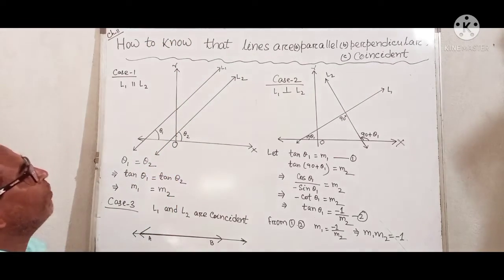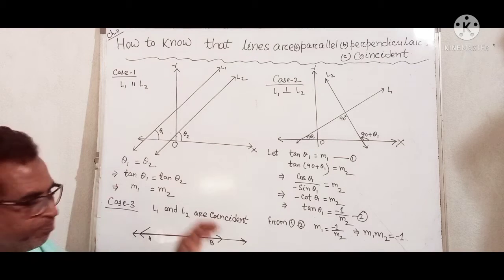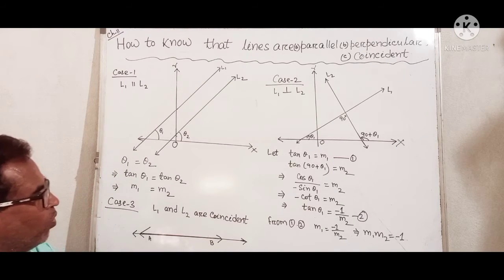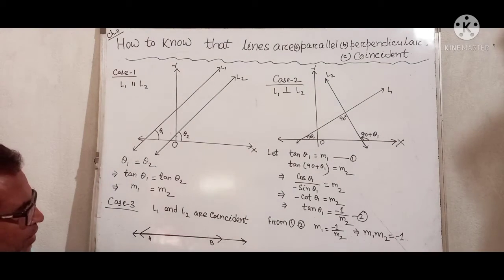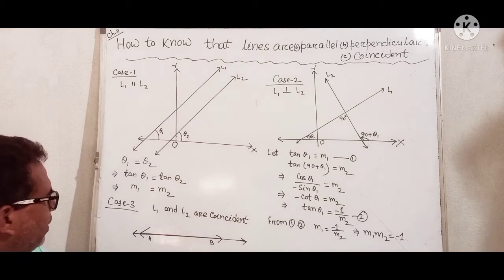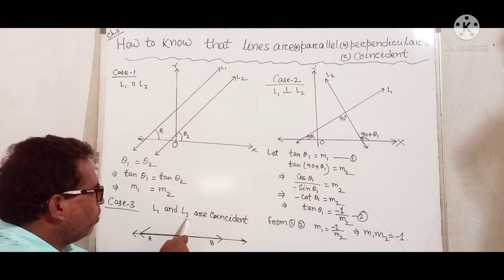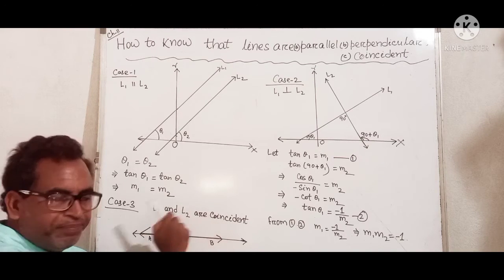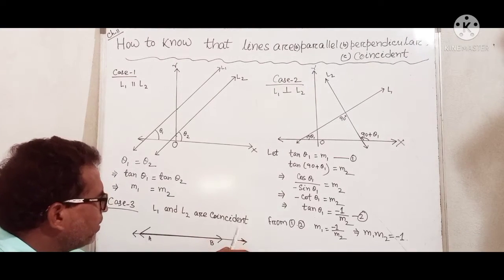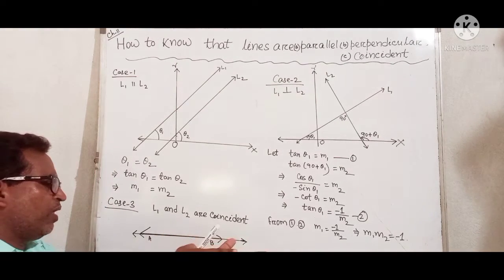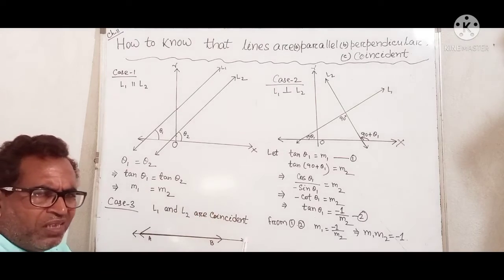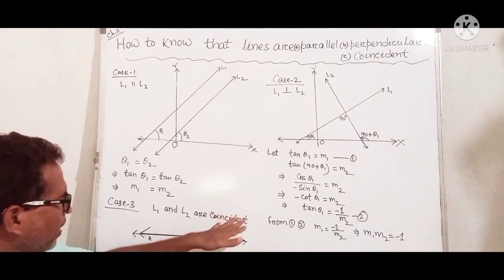Now come to case 3: L1 and L2 are coincident. That means they are equal, in simple general meaning.